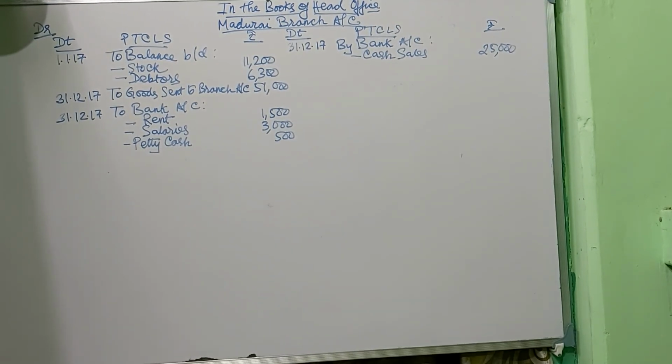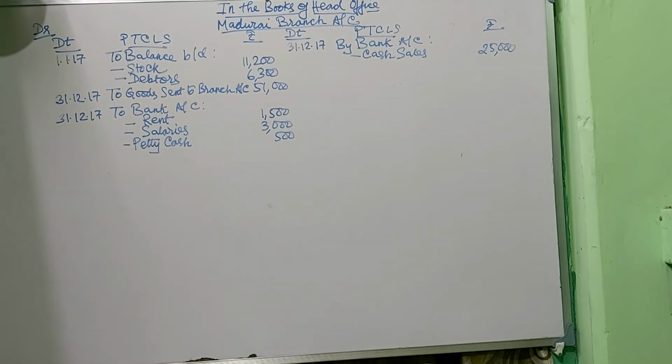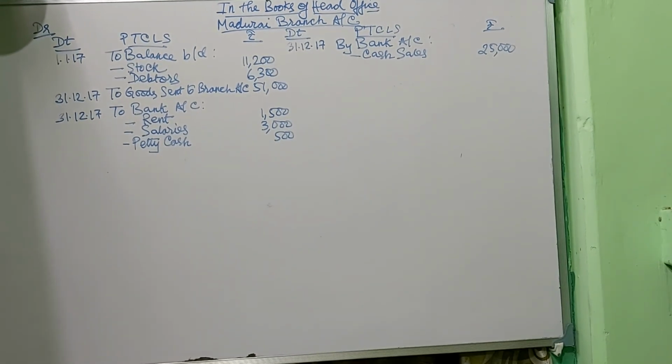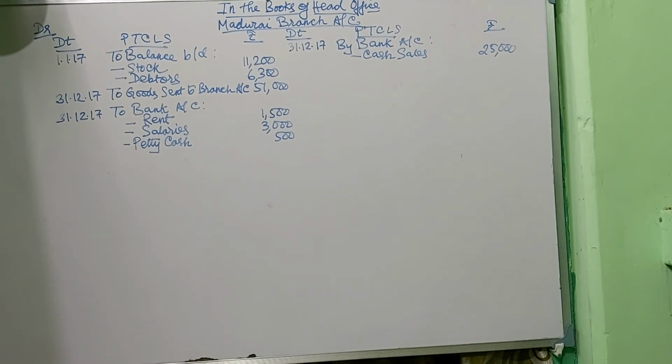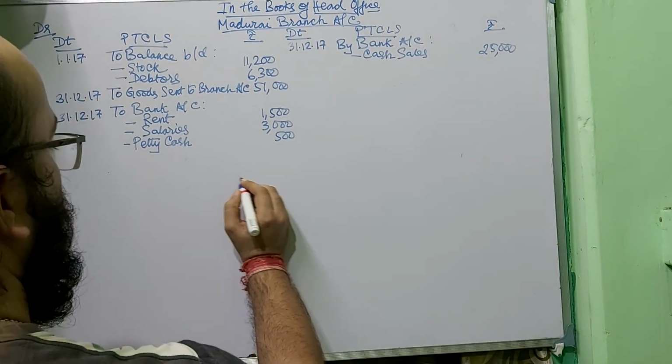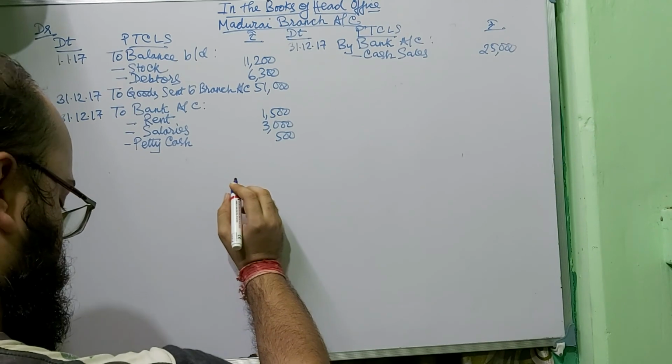For that you have to prepare a debtors account. Here also I need to prepare a memorandum debtors account, from which I can calculate the amount which has to be collected from the debtors. So below I am preparing the memorandum debtors account.